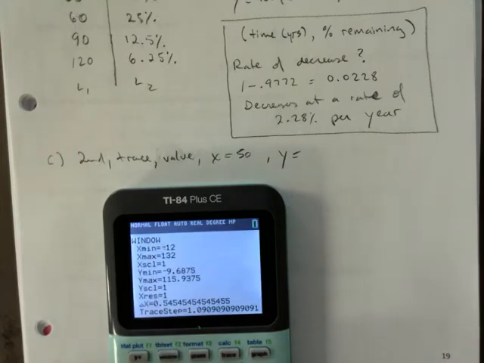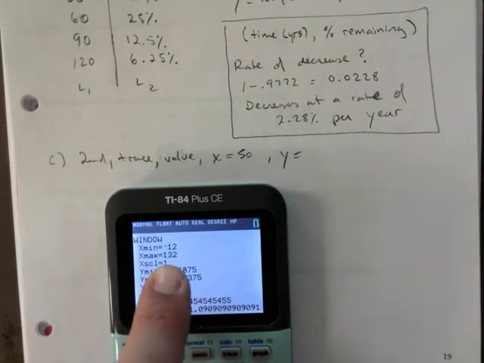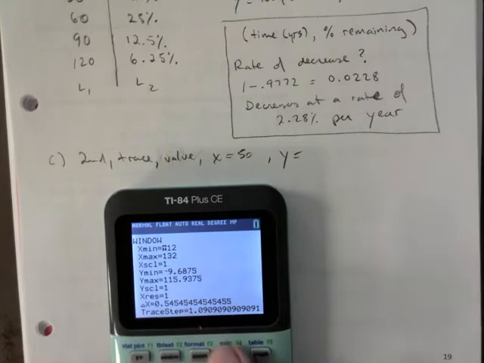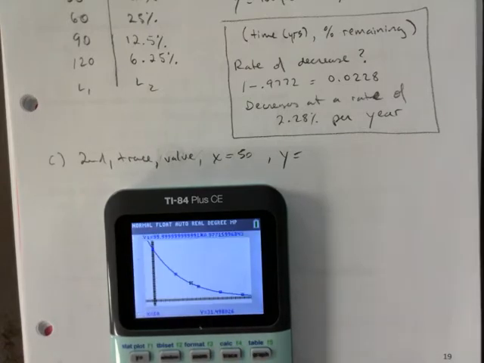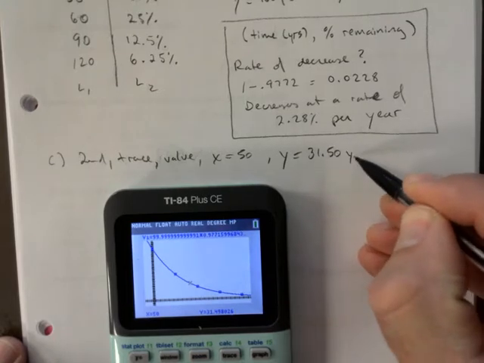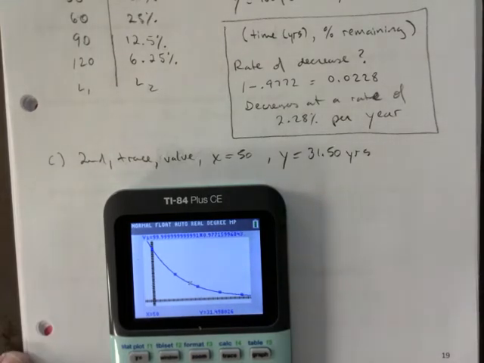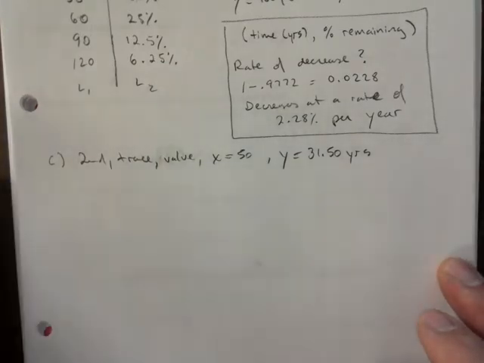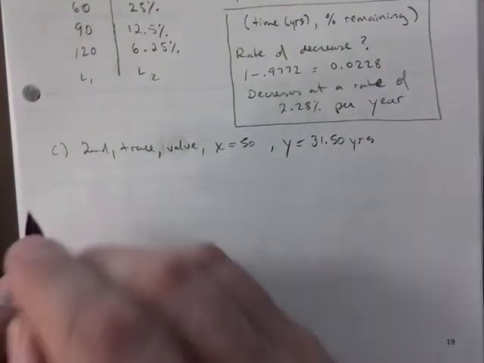And I'm going to go look at my window, and X max has 132, so I'll be just fine running this one here. Y is 31.50 if you round it to 2 decimals. Anything time can be rounded to 2 decimals, right? Even days, you can turn that into a decimal unless it tells you to round to a nearest whole number.